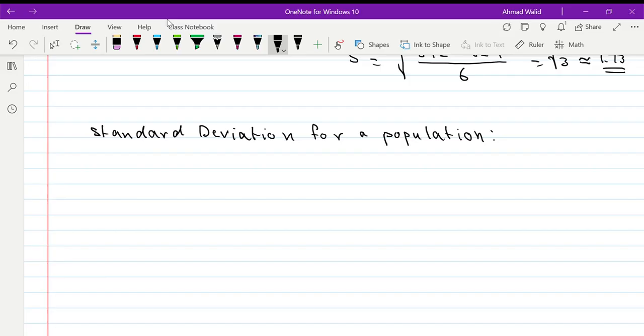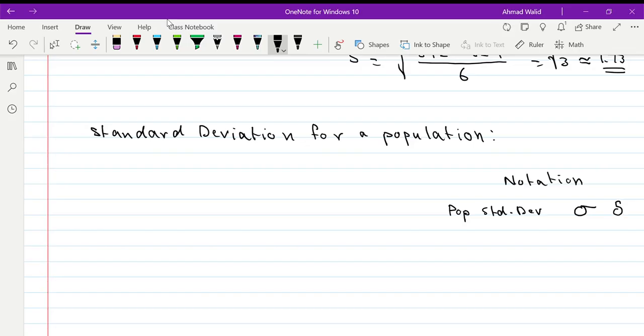First, let me put the notation here. For the population standard deviation, we use this letter. We draw a circle, then draw a line here. The actual one is like this, but no one is going to do this.